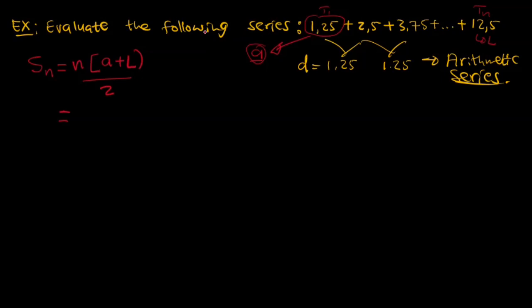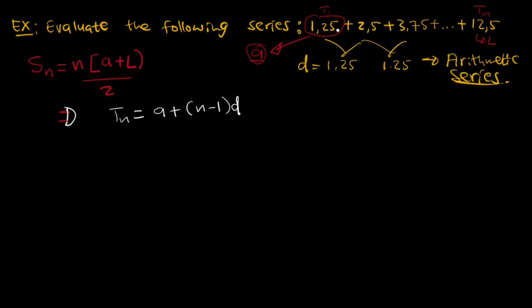Now, how am I going to calculate the value of n? Remember this is an arithmetic series. I know from the arithmetic sequence that Tn equals a plus (n minus 1) d. Do I know the value of d? Yes. Do I know the value of Tn? Yes. Do I know the value of a?